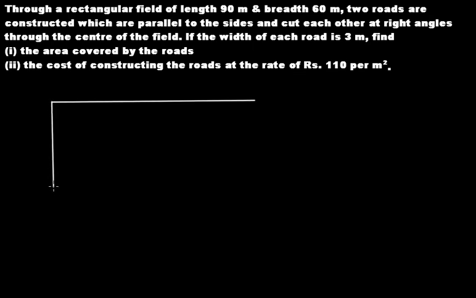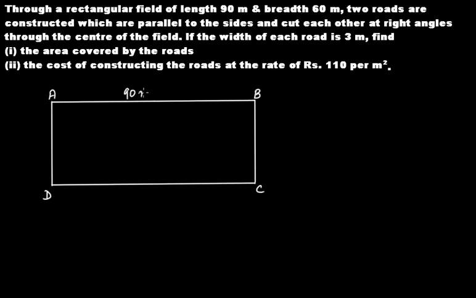So A, B, C and D. This is our rectangular field. Length is 90 meter. Breadth is 60 meter.